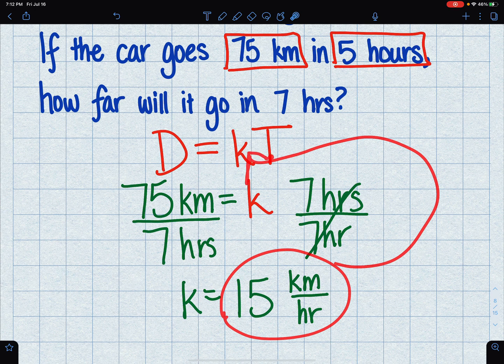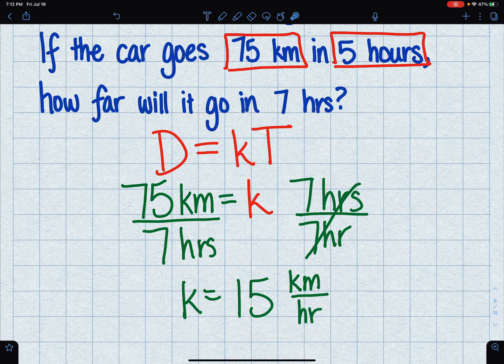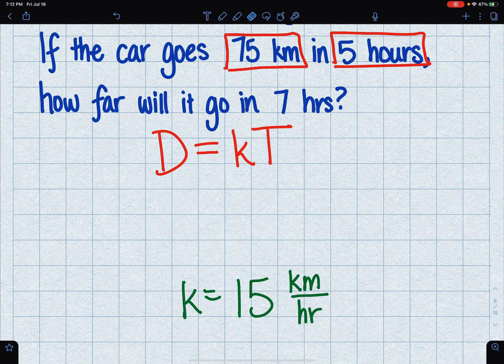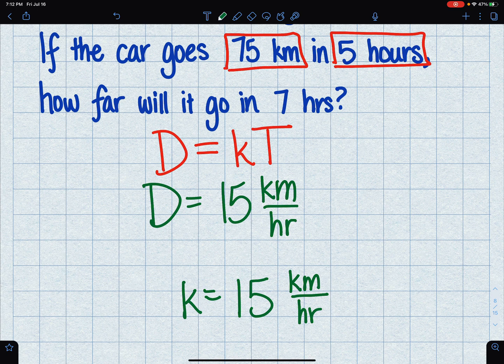Now, for step 3, we take this K and plug it in here with the new information that it gives us. How far will it go in 7 hours? So it wants to know the distance here. So let me erase some of this. The distance is going to be my new K, which is 15 kilometers per hour, times the time, which they give us, is 7 hours.